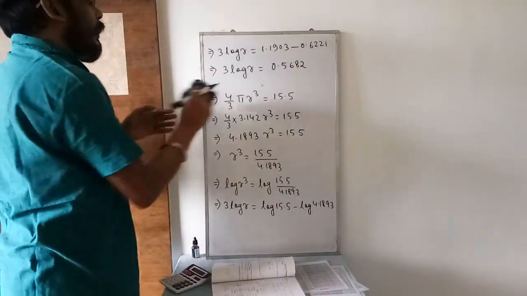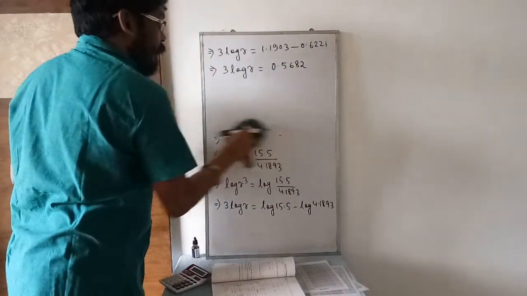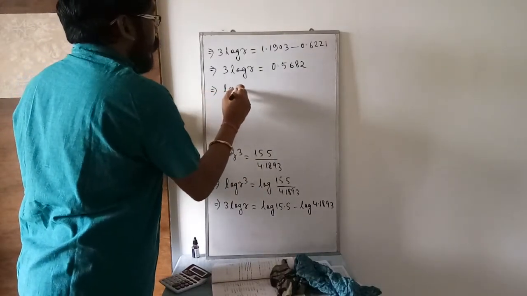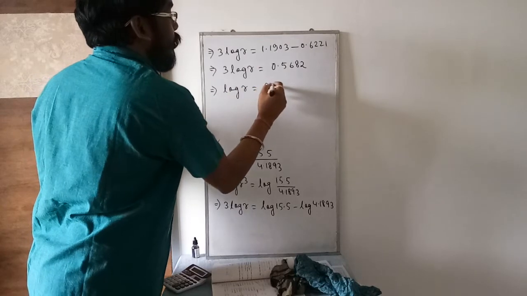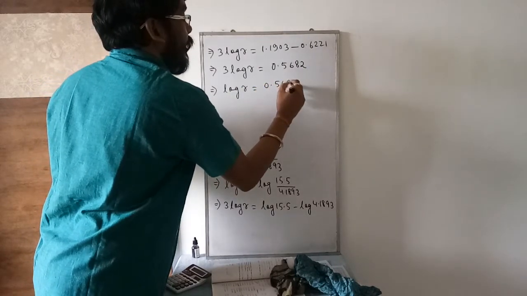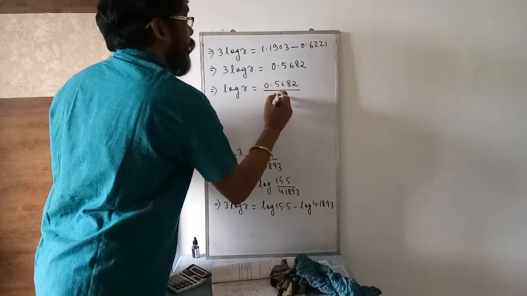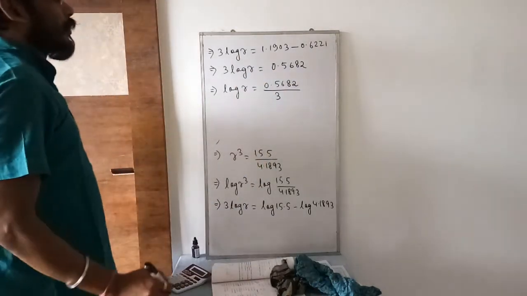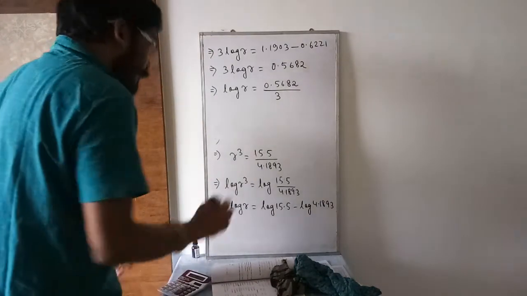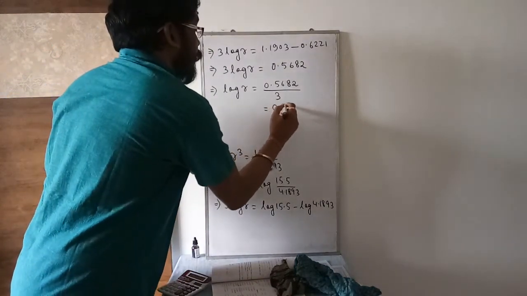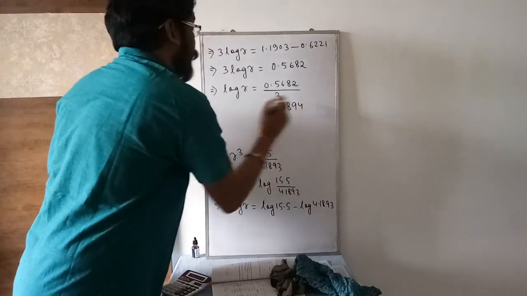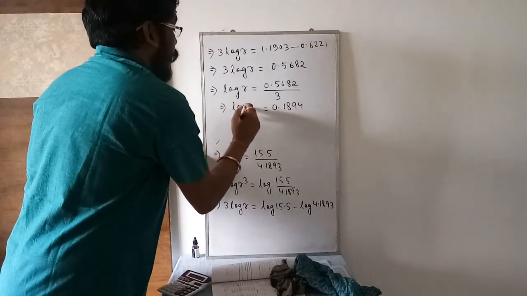When you shift the 3 to the other side, it will become divide. So log r equal to 0.5682 upon 3. If I divide it by 3, it will be 0.1894. So it is log r.